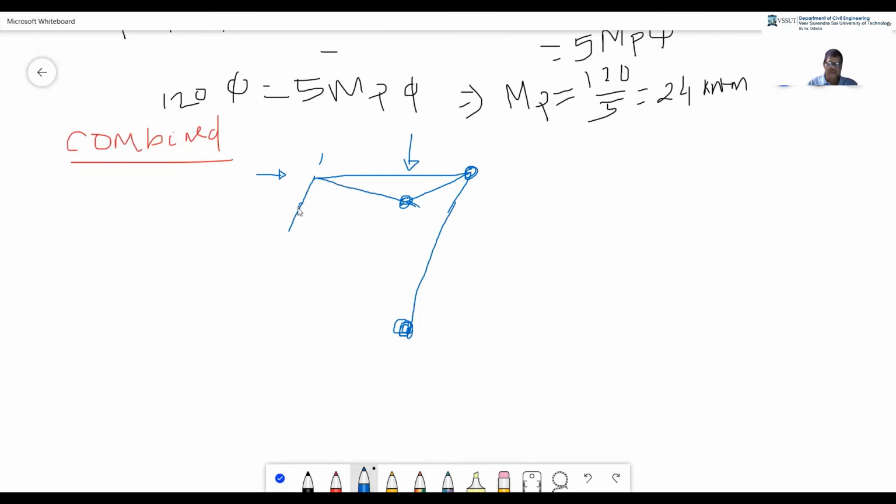This is 4 meter. This is 6, this is 4. These are the inclined lines, so these are straight. Now you'll see, you have to find the angles. Your load was 20 kilonewton here. This load was 50 kilonewton here.